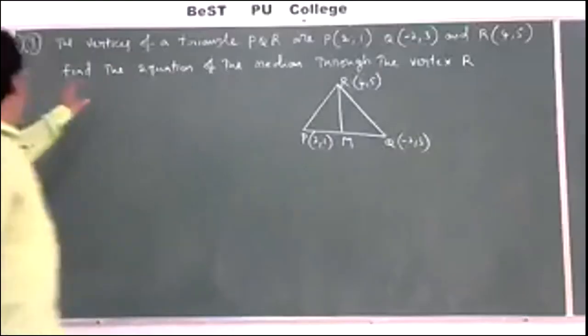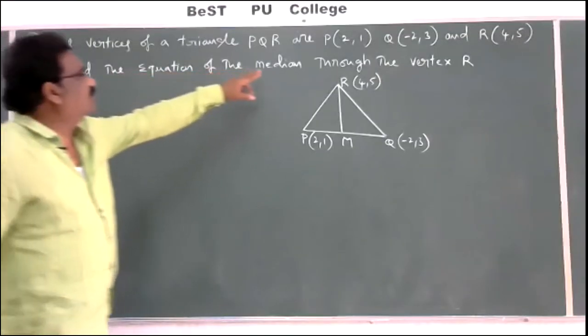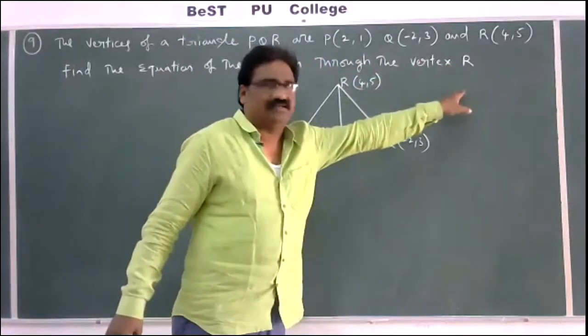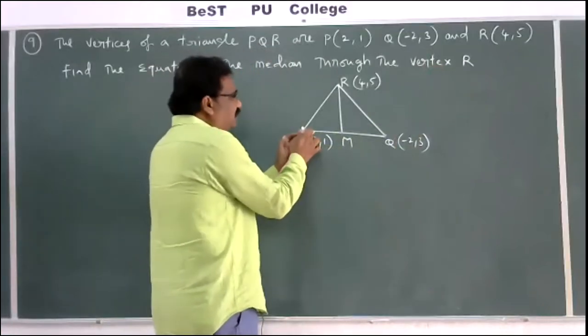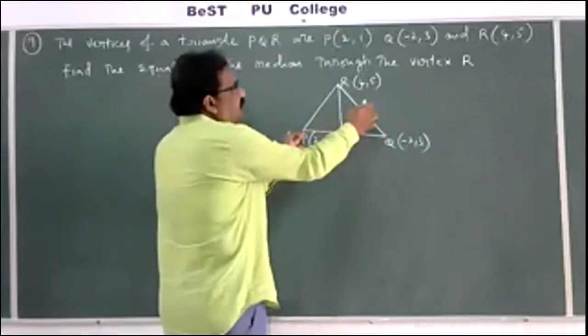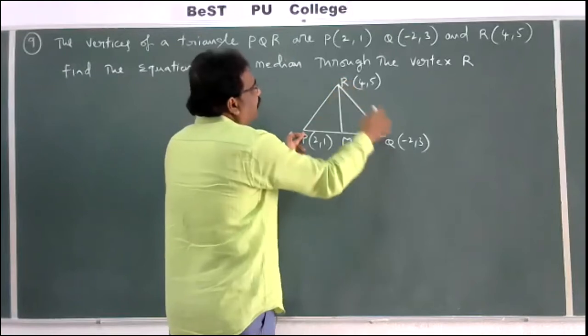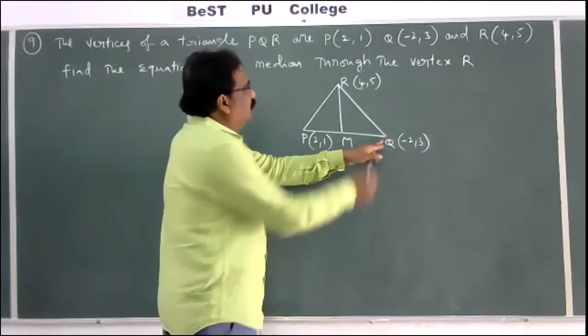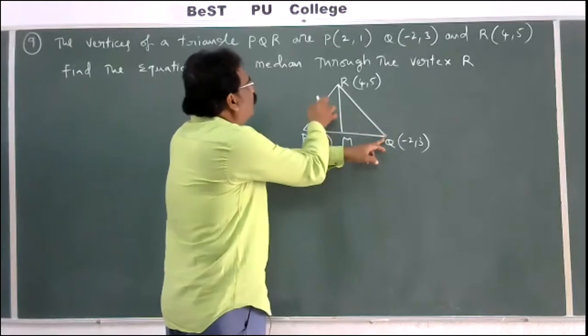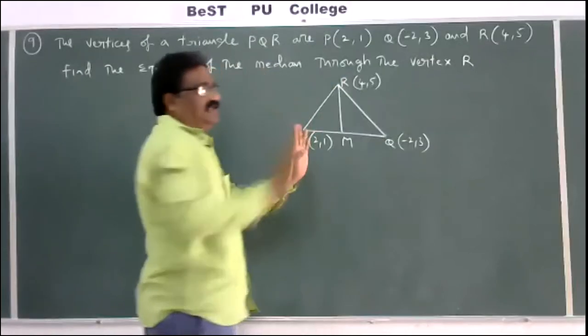Here, find the equation of the median through the vertex R. If they required it from the vertex P, you can draw a line to the midpoint of RQ. If they required it from the vertex Q, you can draw a line from Q to the midpoint of RP, like that.